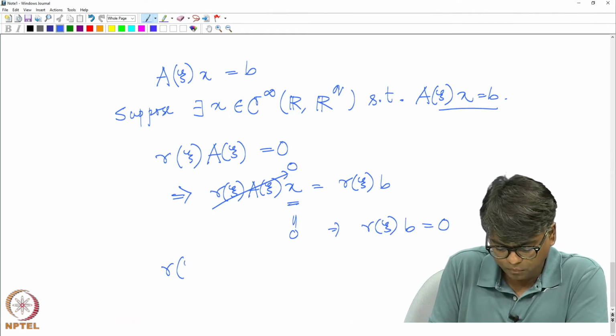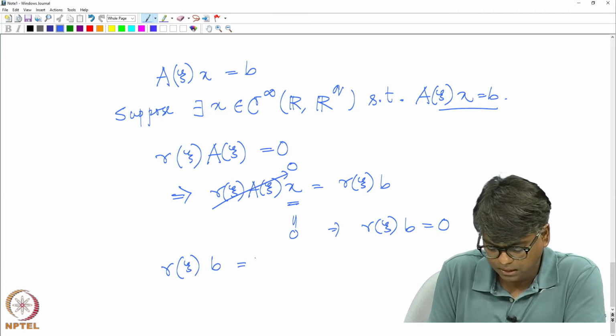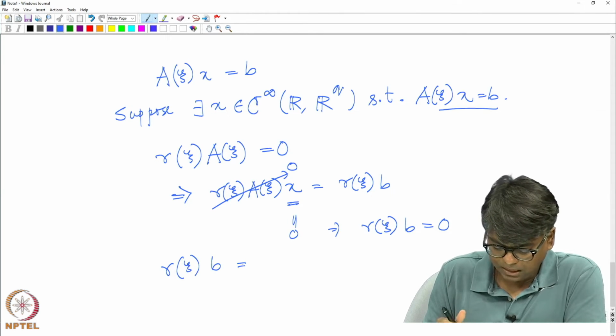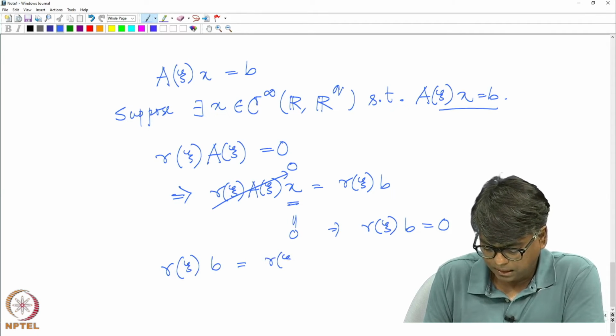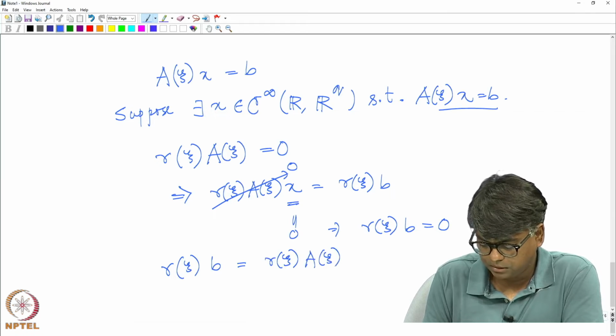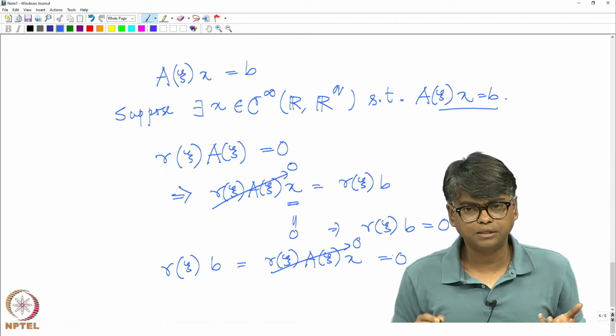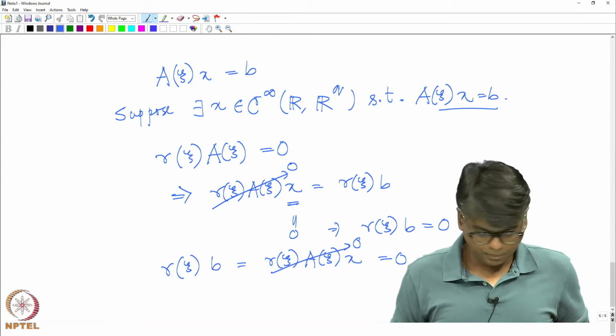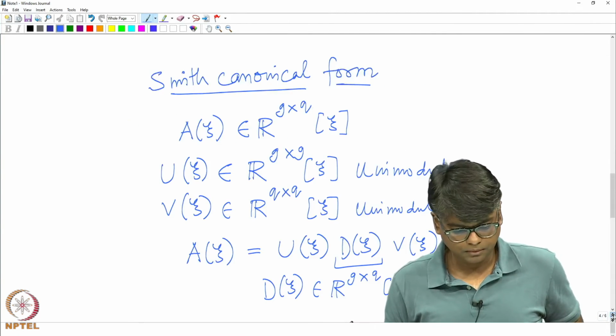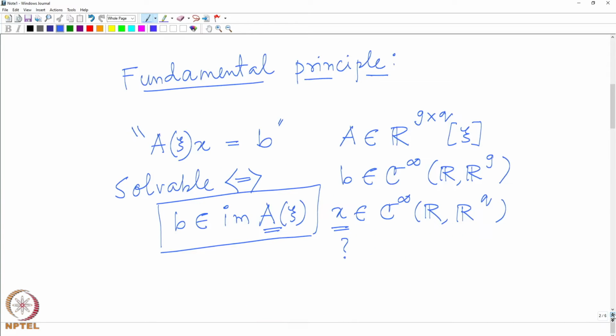What did we do? We needed to show r xi b is equal to 0. But r xi b is nothing but r xi a xi x, because a solution exists, and r xi a xi is assumed to be 0, so this is equal to 0. That's simple. So that's one direction. Let me go back to my description of the fundamental principle.